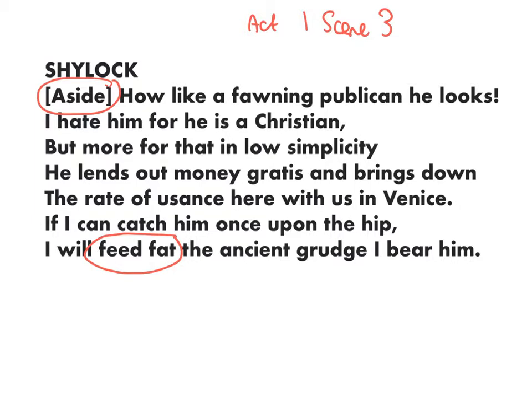So notice Shylock's language here, and the key phrase really is the last line, "I will feed fat the ancient grudge I bear him." Now, as we've discussed, feed fat implies he won't get revenge on Antonio just to satisfy himself. It's something that will give him pleasure. Feed fat, a sense of indulgence.